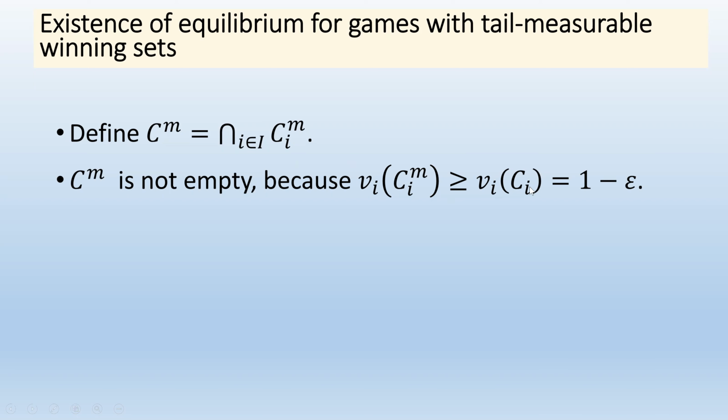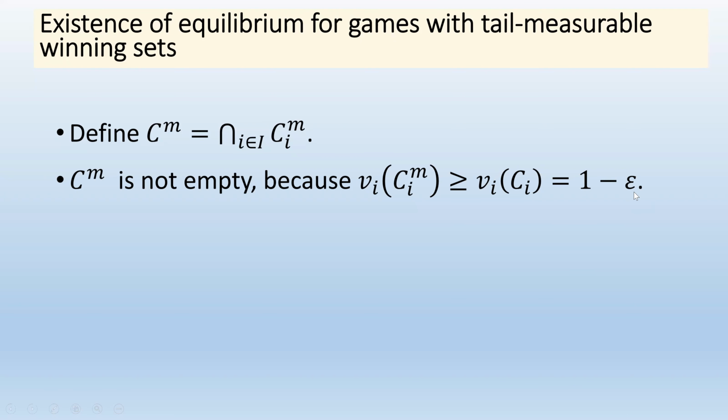Remember that CI is a subset of CIM. CIM is just all the beginnings. CI is more restrictive. And we know that the value of CI, the min-max of CI, is 1 minus epsilon. So in the finite game, the one that ends after M periods, when each player just wants to get into CIM, the min-max of each player is at least 1 minus epsilon.